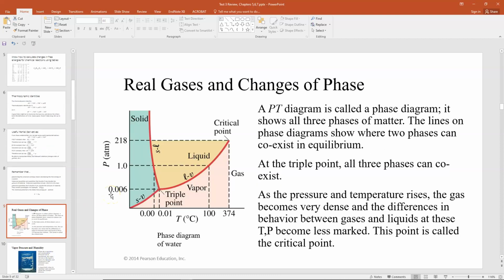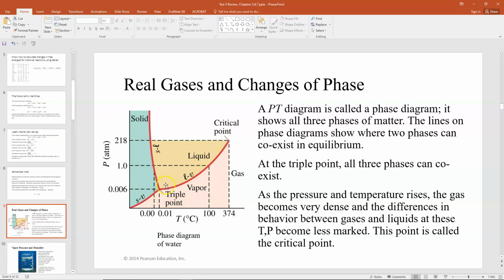We also covered phase changes and phase diagrams. A PT diagram is a phase diagram, and it shows all three phases of matter. An example is shown here on the slide for the phase diagram of water. You have these lines on the diagram, and those lines represent places where two phases can coexist. For example, this line labeled S-V is where a solid and a vapor can coexist.